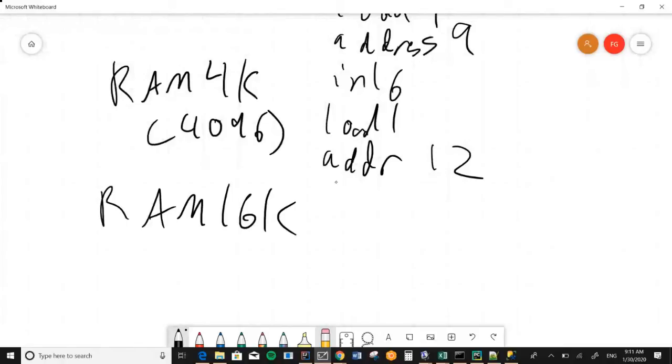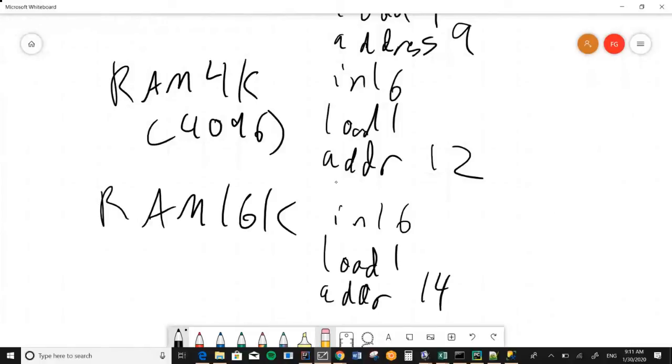And then finally, we have RAM 16K. This is going to break our pattern. We still have 16 input. We still have a 1-bit load. But we only have 14 address bits. We didn't go to 15. 15 would have given us 32K.